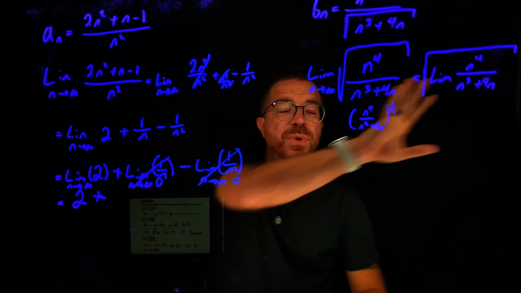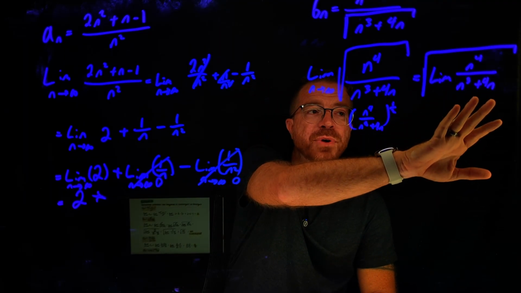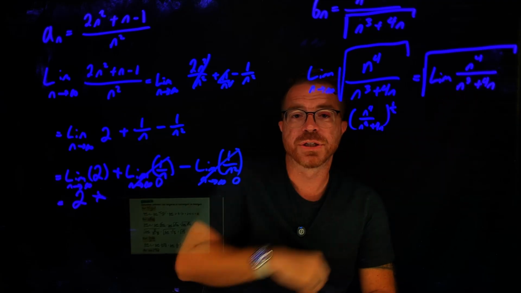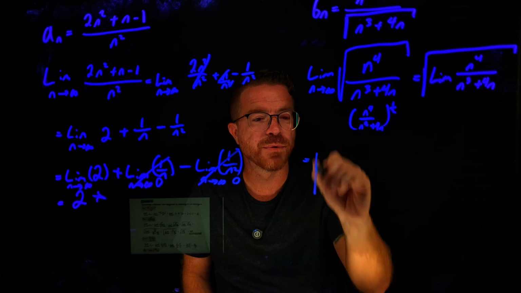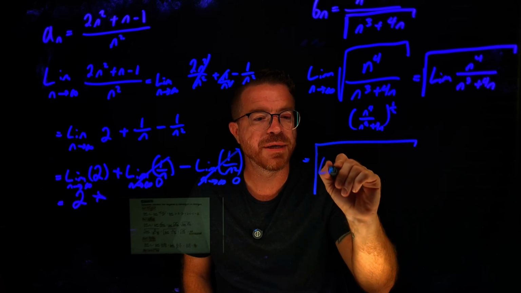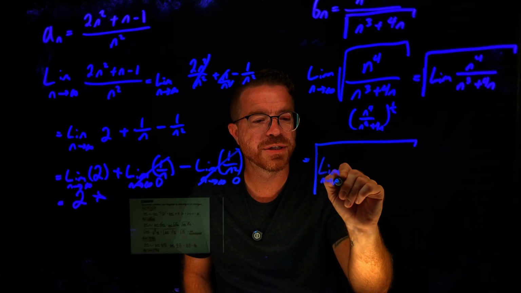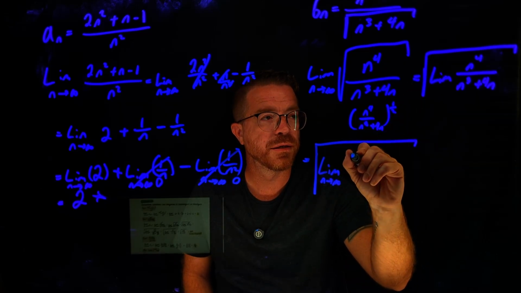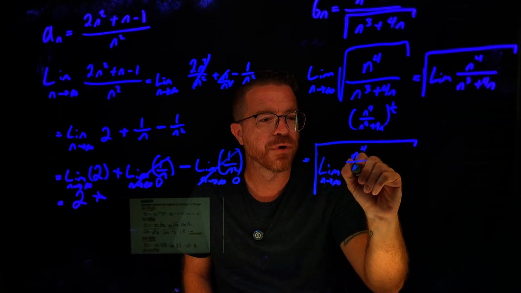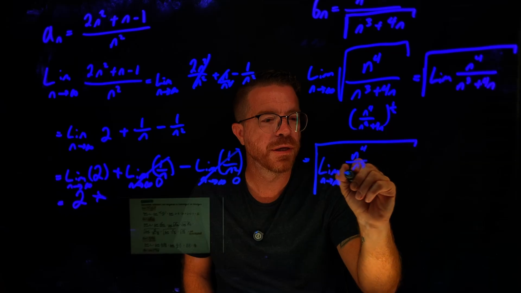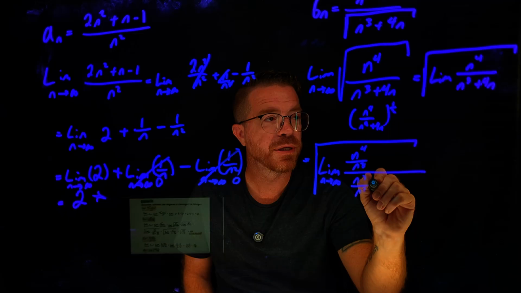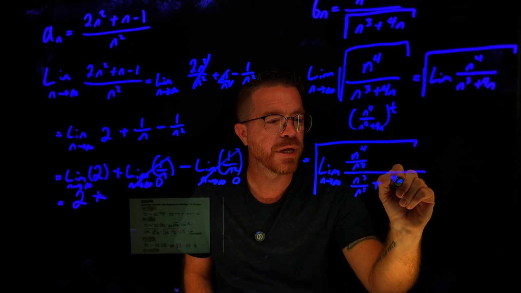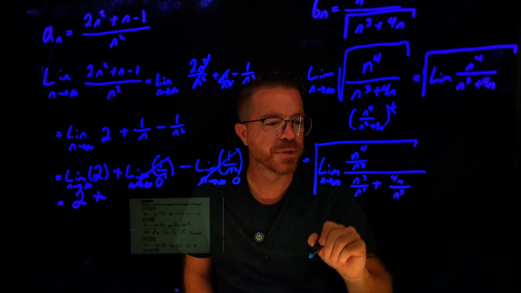Now, within the square root, I'm going to do the trick we did previously. I'm going to divide by the largest power in the denominator. So this is going to be the square root of the limit as n approaches infinity of n to the fourth power over n cubed, divided by n cubed over n cubed, plus 4n over n cubed.